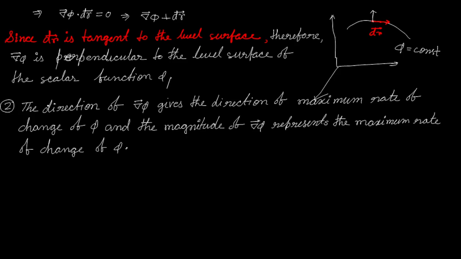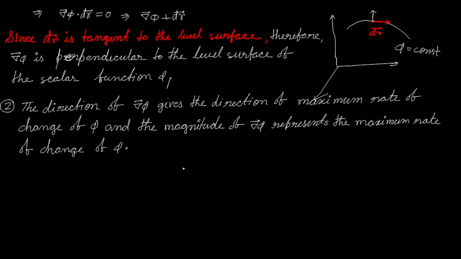And the second interpretation: if phi is any arbitrary scalar function and we take its gradient, that will give the direction of maximum rate of change of phi, and the magnitude of grad phi will represent the maximum rate of change of phi.